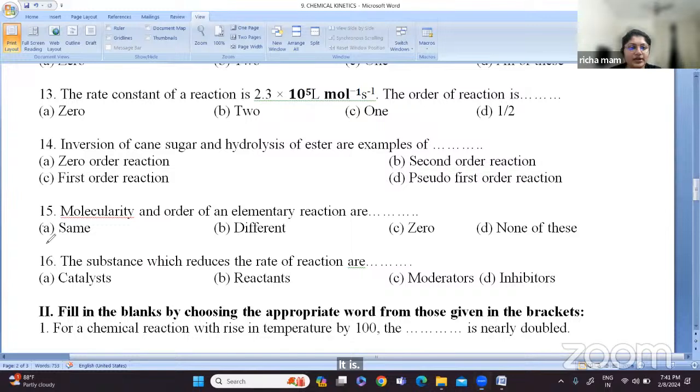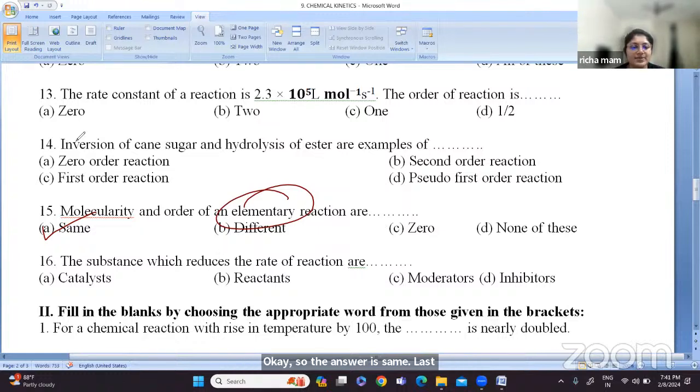So remember that the answer is same. Order and molecularity of a reaction will be same when the reaction is elementary. Whenever the reaction is elementary, the order and molecularity will be same. Okay, so the answer is same.